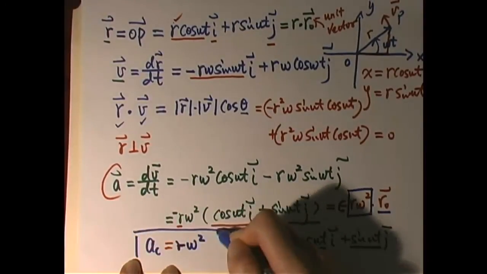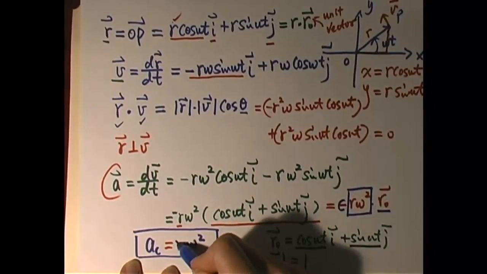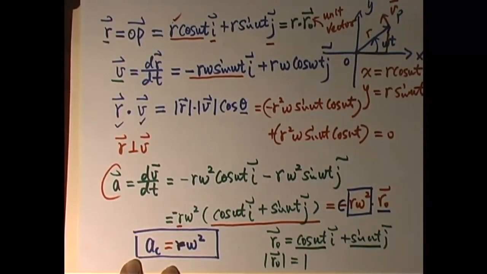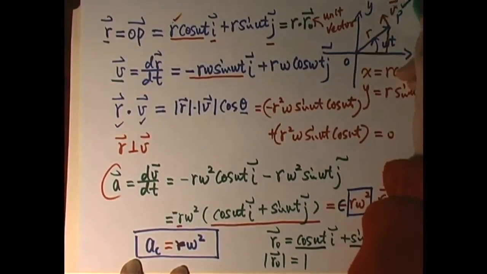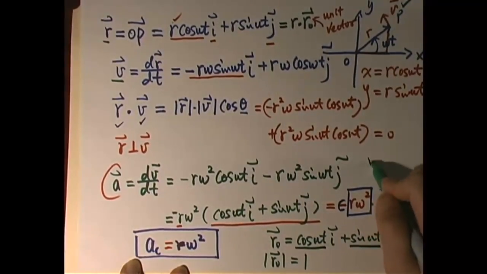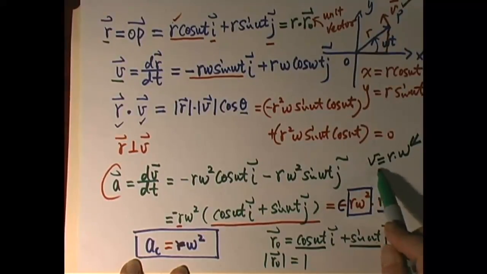This is a very important conclusion. The magnitude of centripetal acceleration is the radius times the angular velocity squared, r times omega squared. We learned the relationship between omega and v: tangential velocity v equals radius times omega. So if we want to replace omega, omega is v over r.